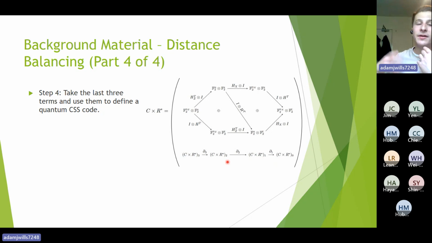So to summarize, the distance balancing procedure is just done with a quantum CSS code and its chain complex. You take a useful classical code that is useful for your situation. You write down its chain complex, you take the dual of it, you take the homological product of those 2, and then you take the last 3 terms of the result.